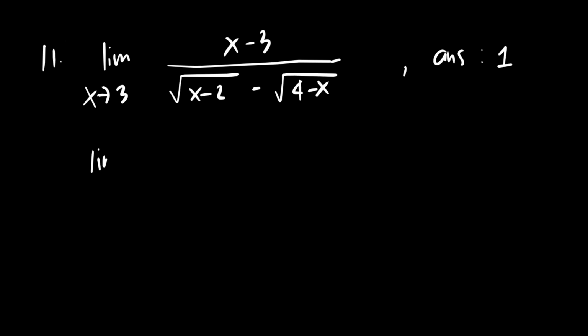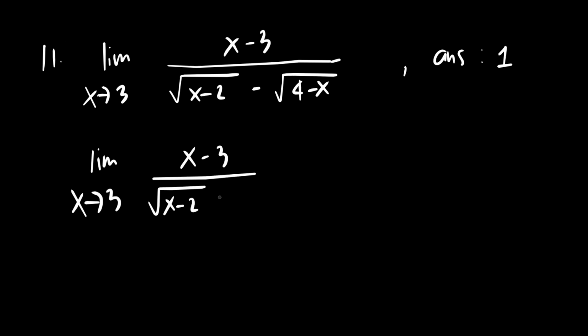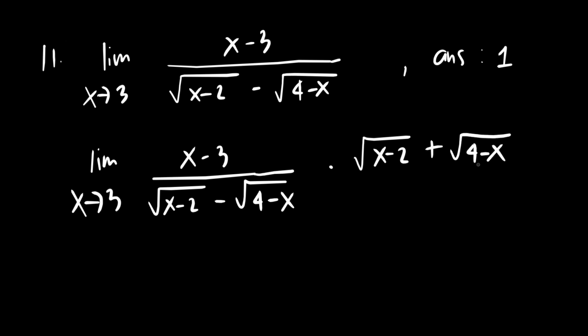So we'll have the limit as x approaches 3 of x minus 3 all over square root of x minus 2 minus square root of 4 minus x. So multiply both sides by its conjugate: square root of x minus 2 plus square root of 4 minus x all over square root of x minus 2 plus square root of 4 minus x.